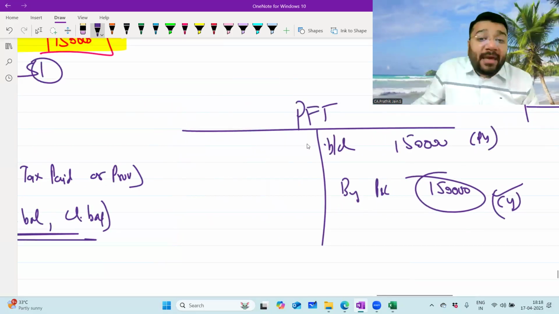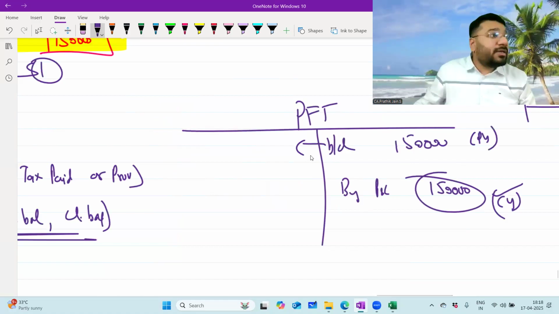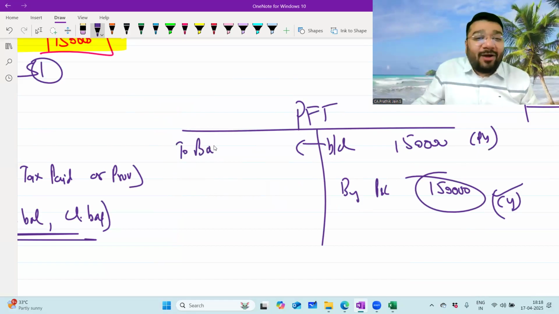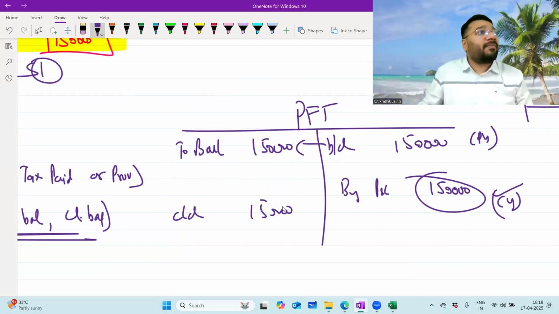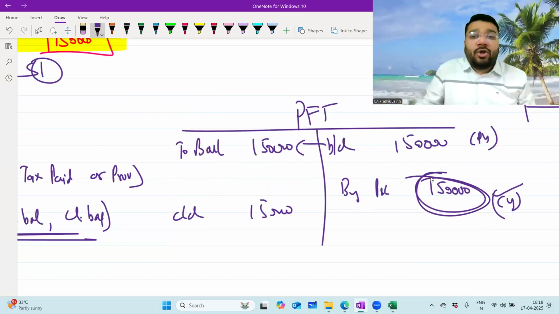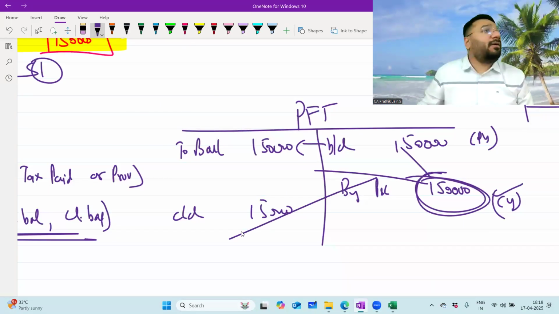Previous year's provision you pay in the middle of the year, say 31st August, 23rd July. Correct? You make the payment. What is the entry? To bank. How much? 1,50,000 rupees. And what is my closing balance? 150. So using this one data, you made 3 derivations. Any problem?